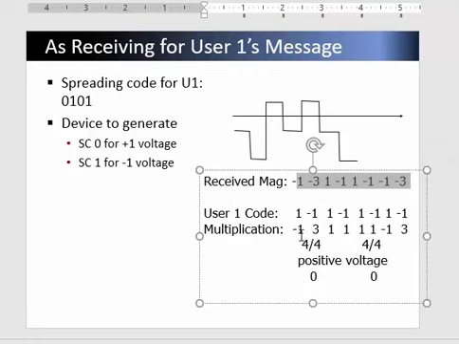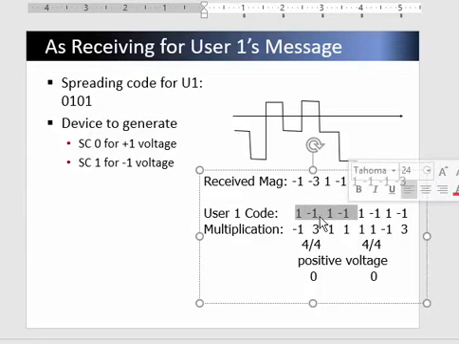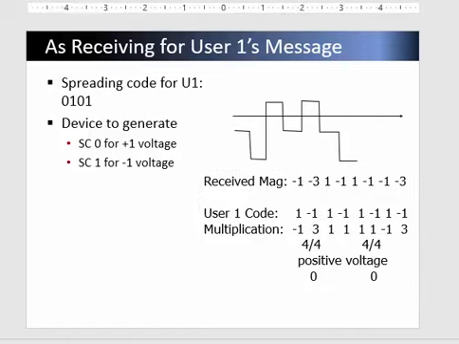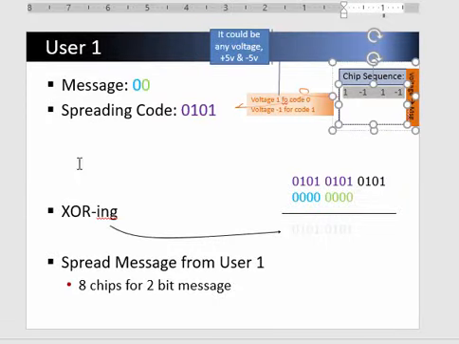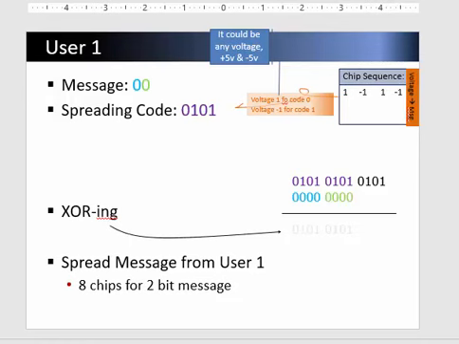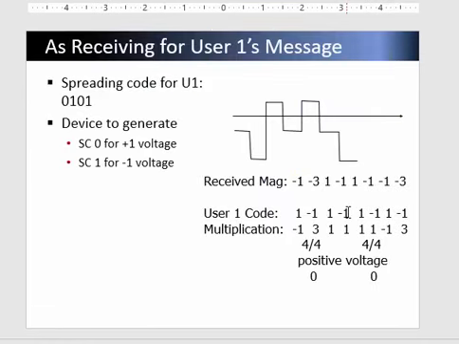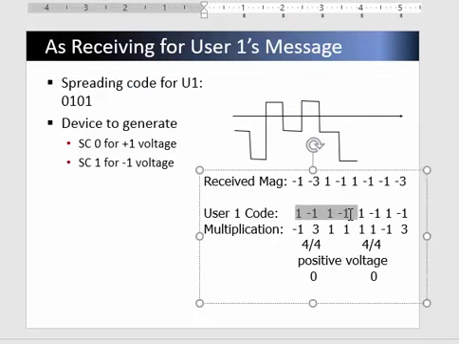And the chip sequence that user one uses is 1 minus 1, 1 minus 1. So go back to here. So chip sequence is 1 minus 1, 1 minus 1. That is shared by a pair of sender and receiver. So 1 minus 1 here and also there, we apply that throughout all signals.